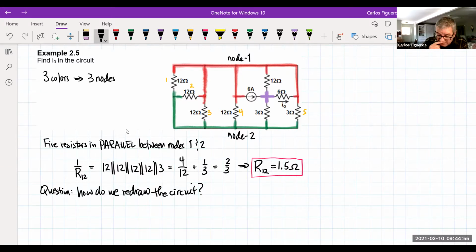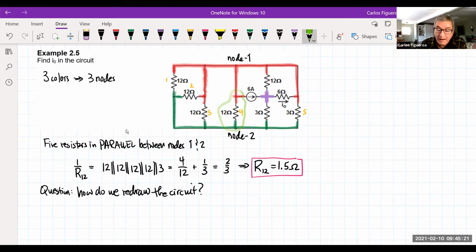So what you're going to see me do here is focus on this 12 right here. Okay, so I'm picking 1. So what I can do is take the 1, 2, 3, and 5 resistors and combine them into the 12.